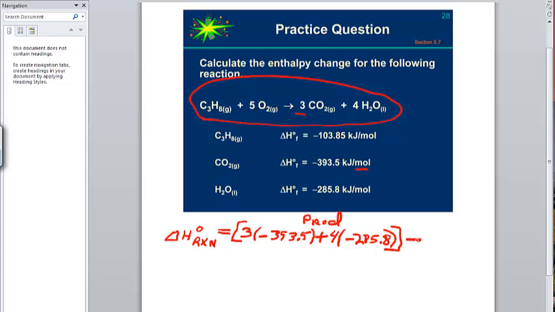I'm going to subtract from that the enthalpy of formation of all of my reactants. Let's start out with propane, C3H8. I have a coefficient of 1, and there's the delta H of formation.